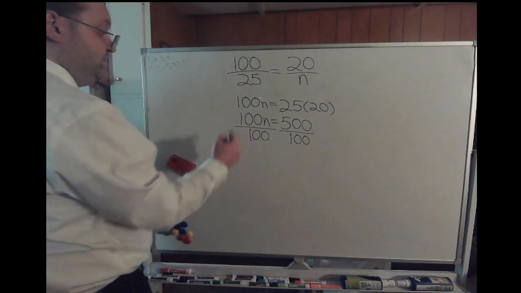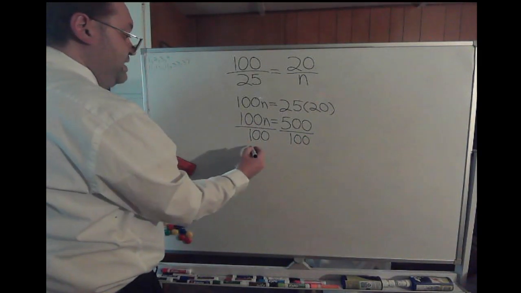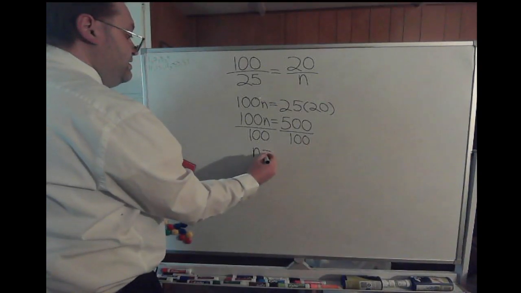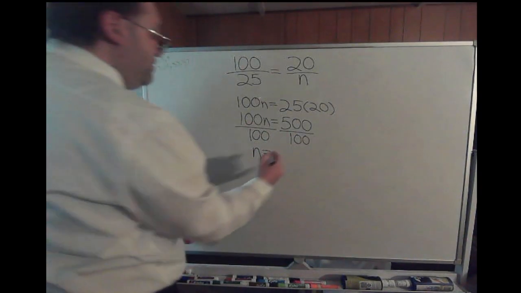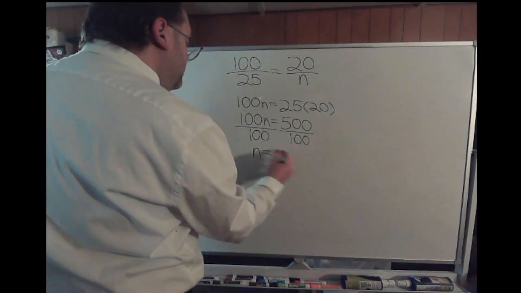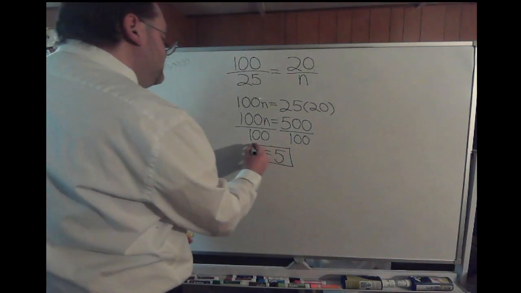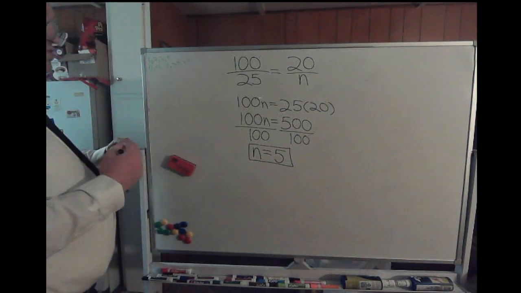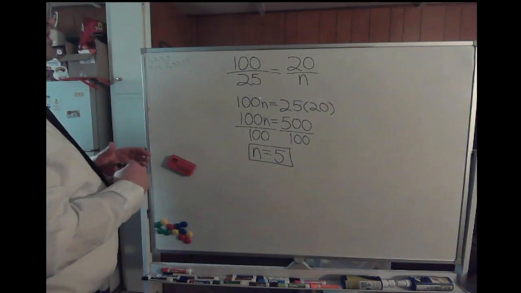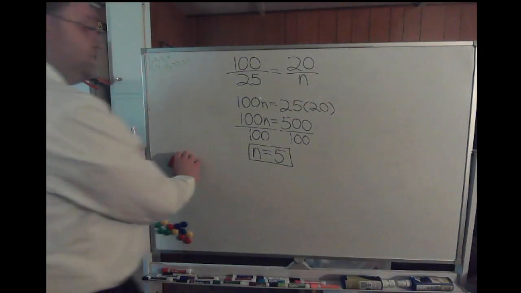So n, let's see, 100n divided by 100 is just n. 500 divided by 100, that's just 5. So the answer to make these ratios proportional for n is 5. That would be your answer to that.